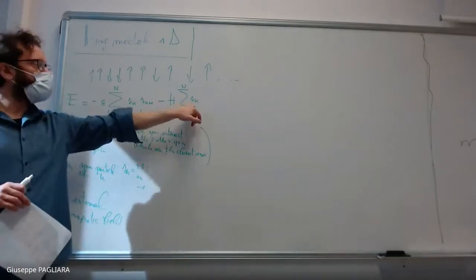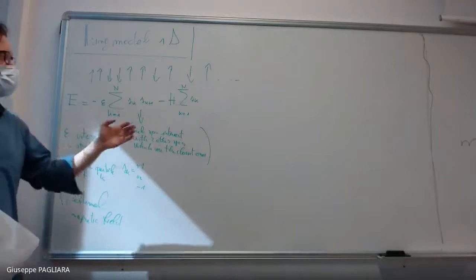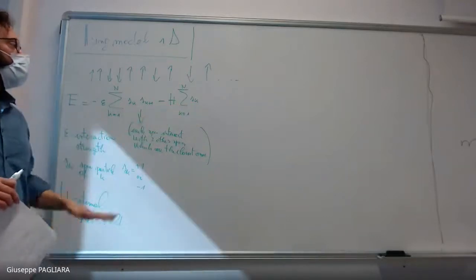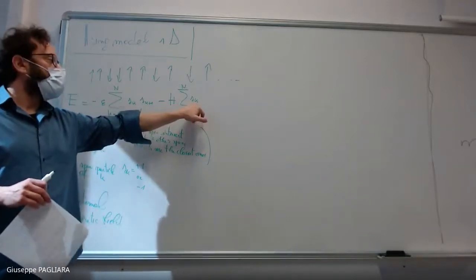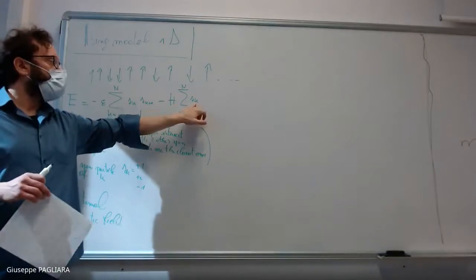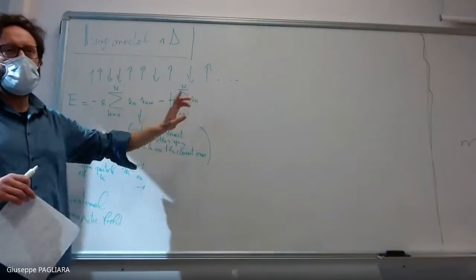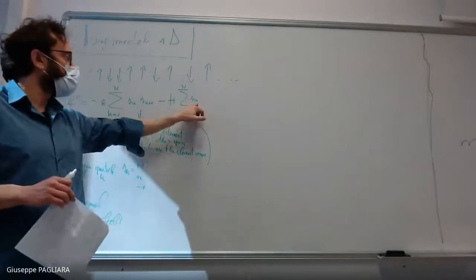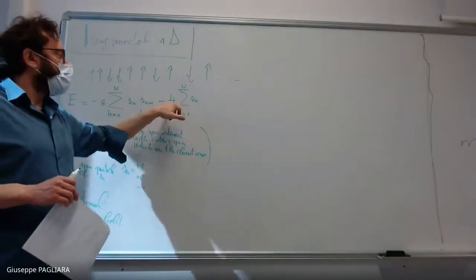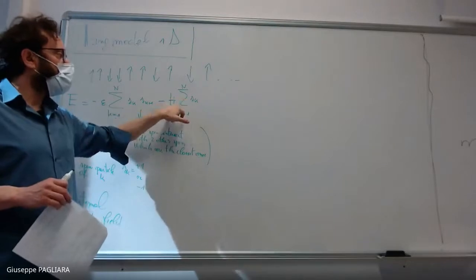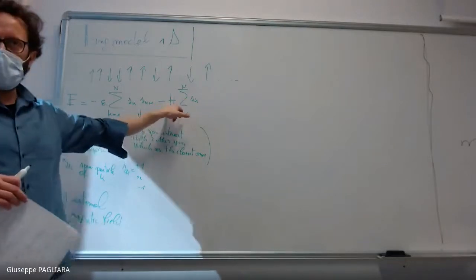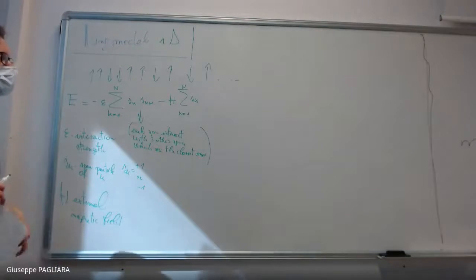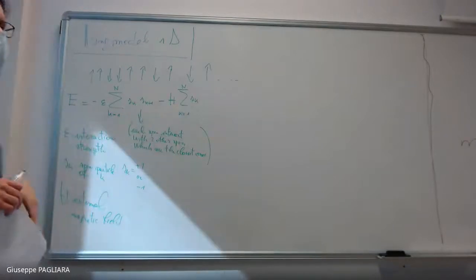And now for this term, it is the same in the sense that if the spins are plus, so if they are in the positive direction of z, for instance, they are aligned to the magnetic field, and therefore we have a negative contribution to the energy, whereas we have the opposite if they are in the other direction.